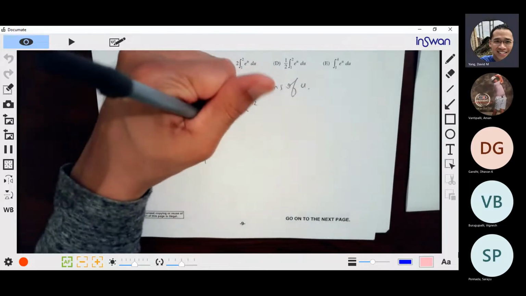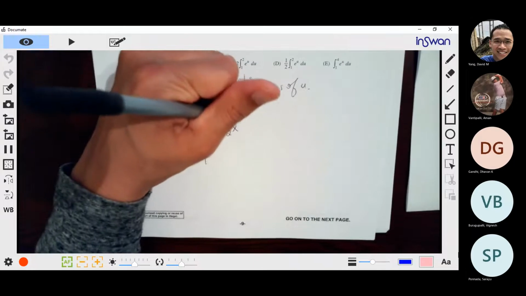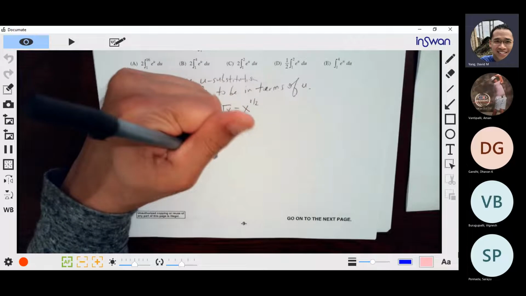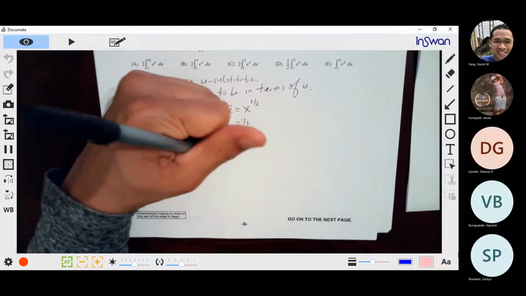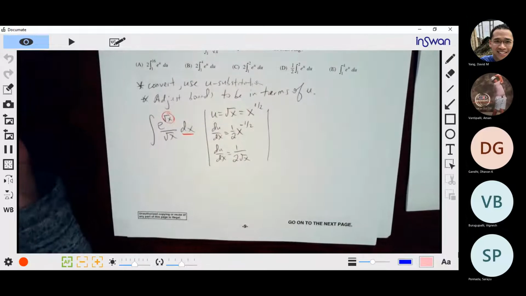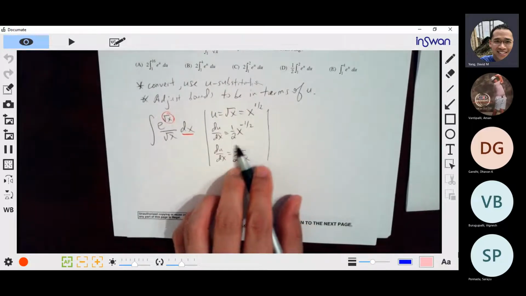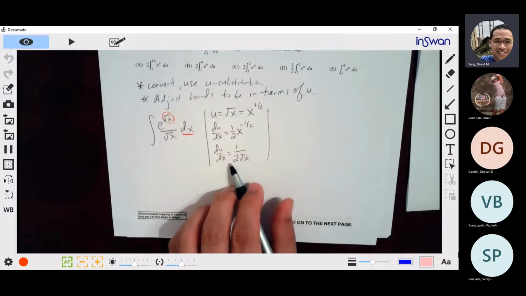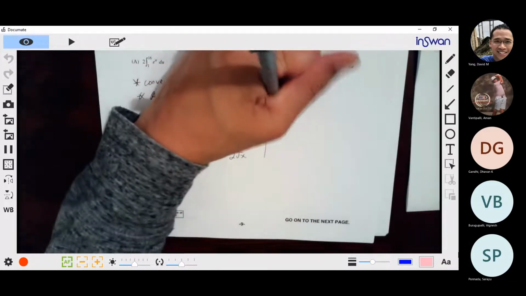Find our derivative. Clean this up, cross multiply. I brought the x back down to the denominator and then I converted to a radical. So now I'm going to cross multiply here, solve for dx.